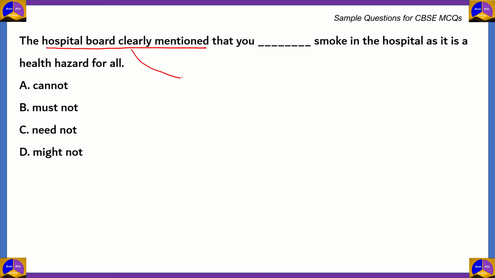So, the hospital board made a rule, and therefore it must be fervently followed. And it also says that smoking is a health hazard for all, so therefore the rule would most probably be that you must not smoke in the hospital, as it's a health hazard for all. So therefore the correct option would be option B, must not.